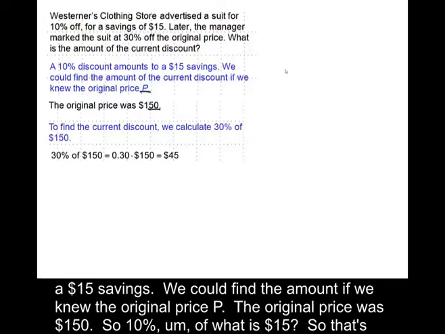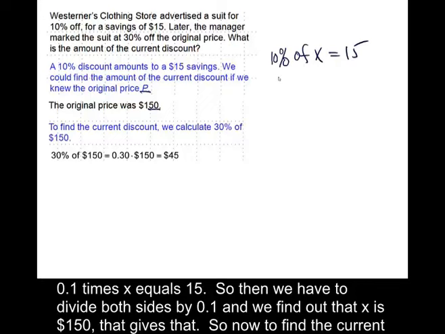So 10% of what is $15? That's 0.1 times x equals 15. Then we divide both sides by 0.1, and we find out that x is $150.